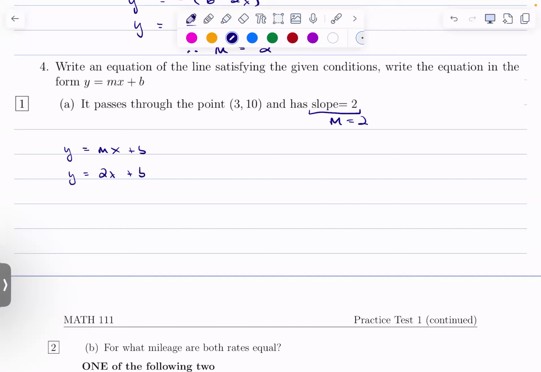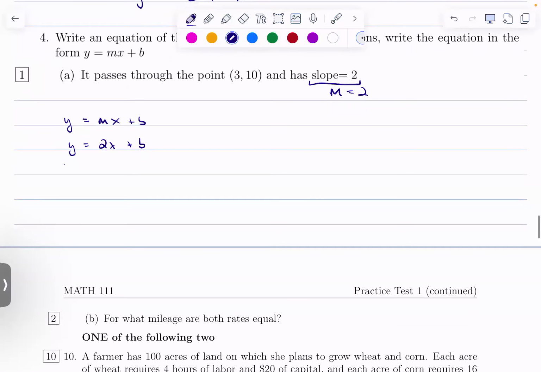Then I use the given point on the line to solve for b. Plug in y is 10 is equal to 2 times 3 plus b. 10 minus 6 means that b must be 4. Therefore, y equals 2x plus 4.